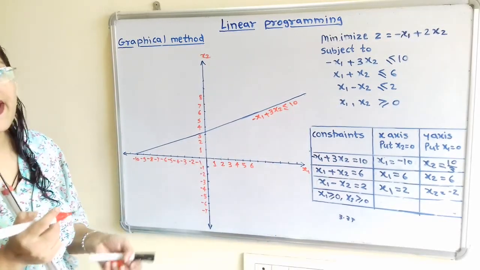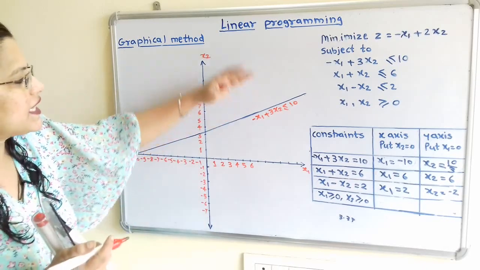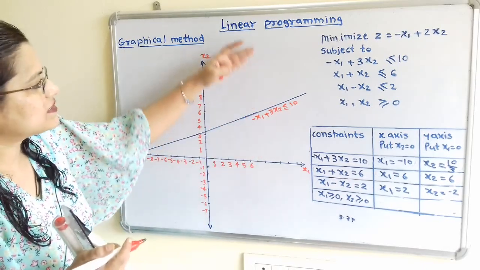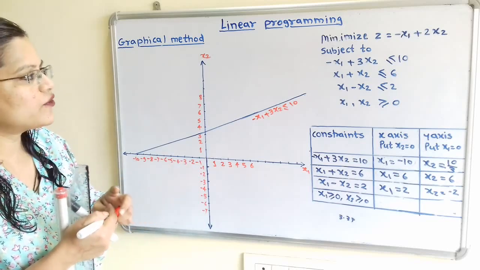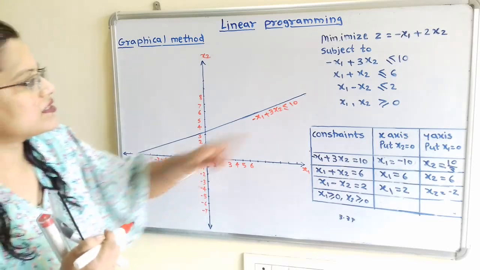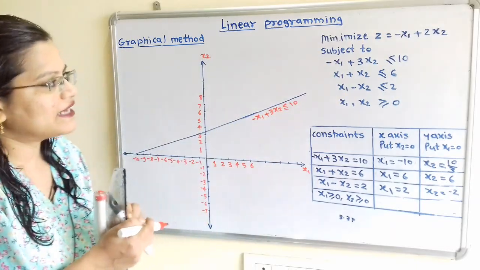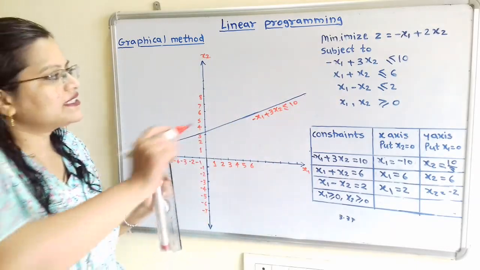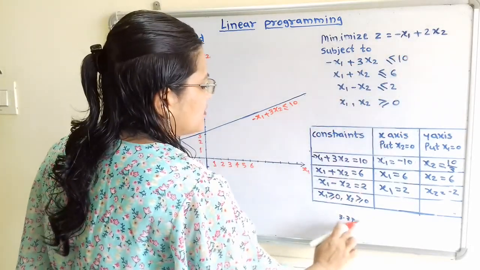Now which side do we have to consider? This is an important point. There are two sides, the upward side and the downward side. For this constraint, if I put x1 equal to 0, then we get x2 less than or equal to 10 by 3, that is 3.33.